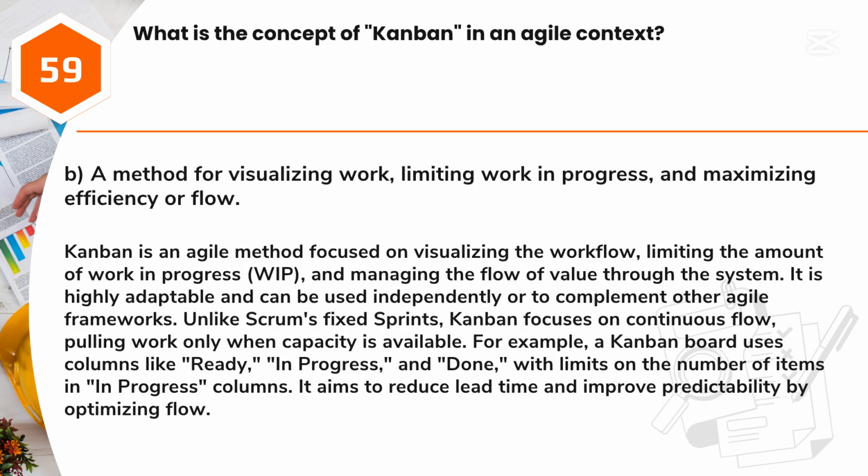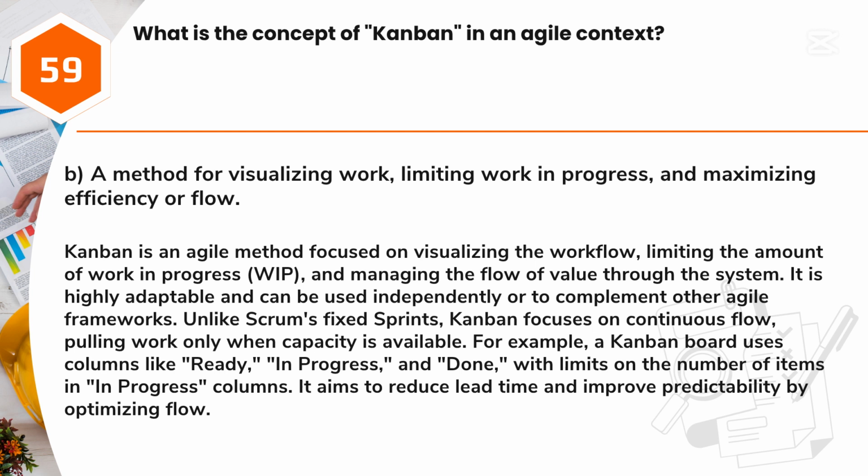Answer: B. A method for visualizing work, limiting work in progress, and maximizing efficiency or flow. Kanban is an Agile method focused on visualizing the workflow, limiting the amount of work in progress, WIP, and managing the flow of value through the system. It is highly adaptable and can be used independently or to complement other Agile frameworks.